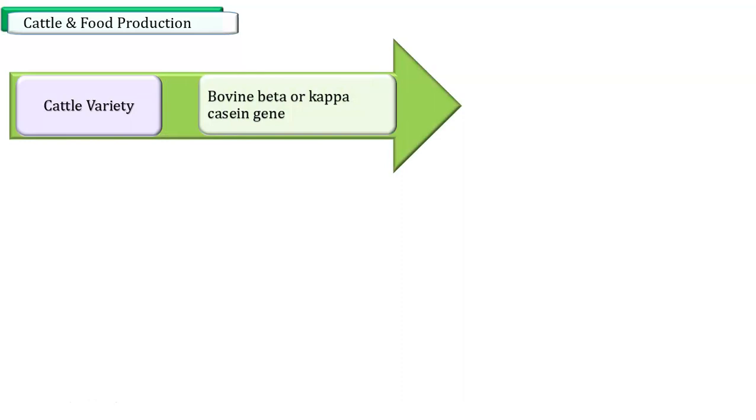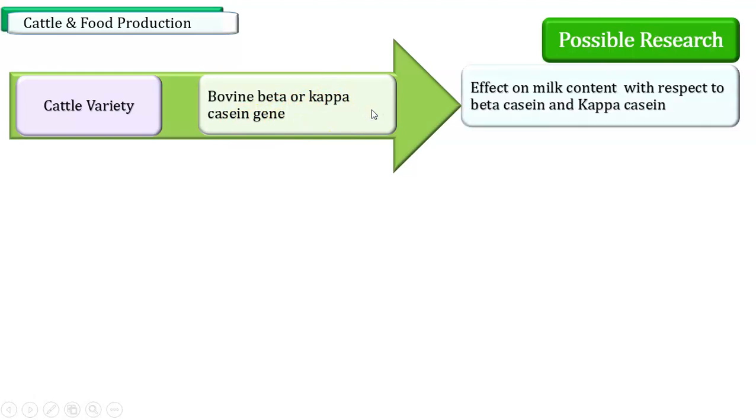Cattle and food production. The appropriate cattle variety is taken and it is introduced with bovine beta or kappa casein gene. These are the important proteins present in the milk. And what is possibly achieved in that milk? The effect on the milk content is improved with respect to beta casein and kappa casein.